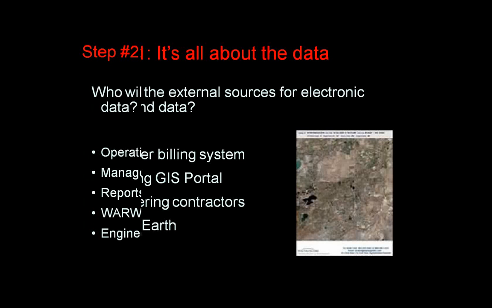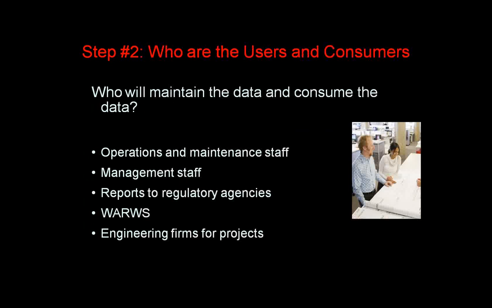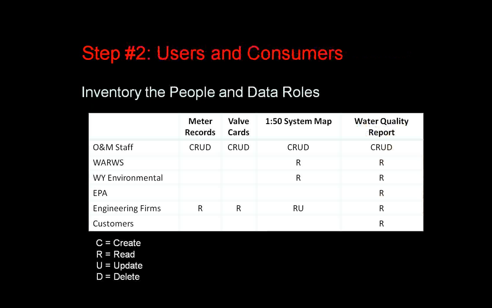So the second step is, who are the users and consumers? Go through and identify who is actually maintaining these records, and then who is actually using this data that you have to provide it to. Once again, we go through the same process: identify your different data sources that you maintain today, and then on the left-hand side identify those groups. CRUD is a fun acronym for Create, Read, Update, and Delete.